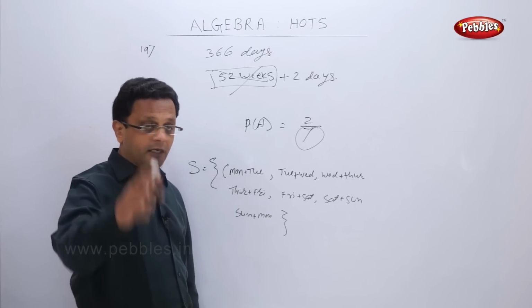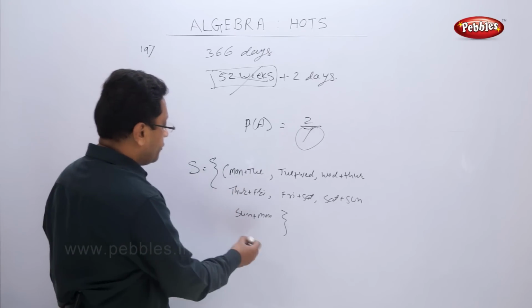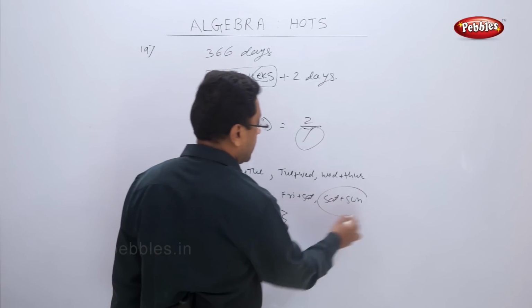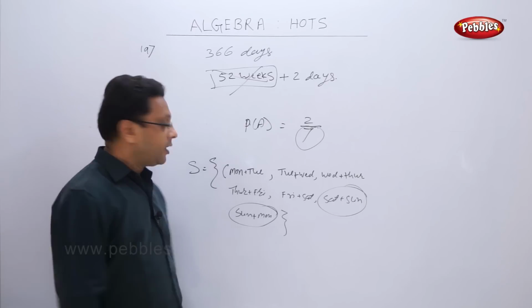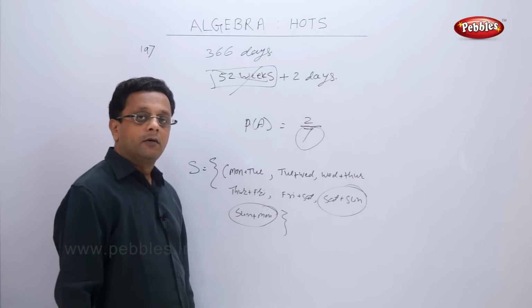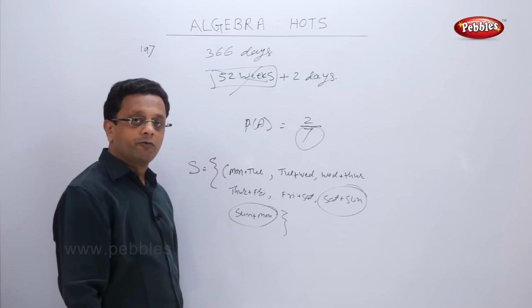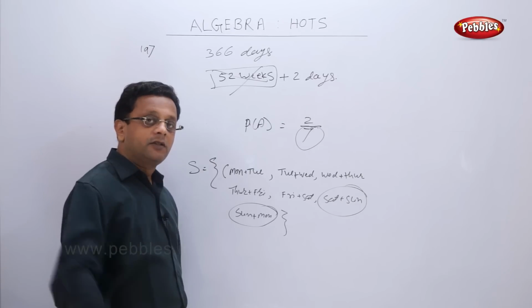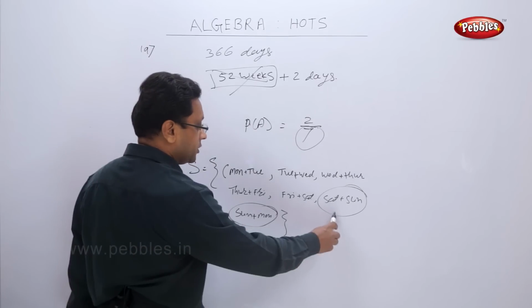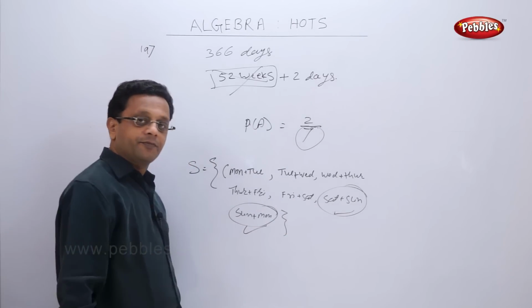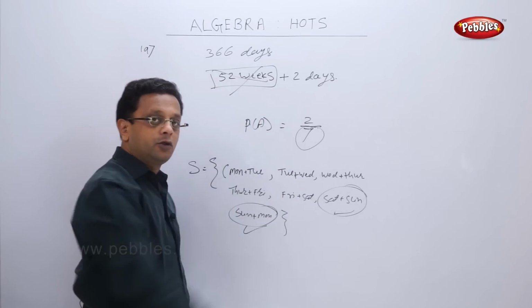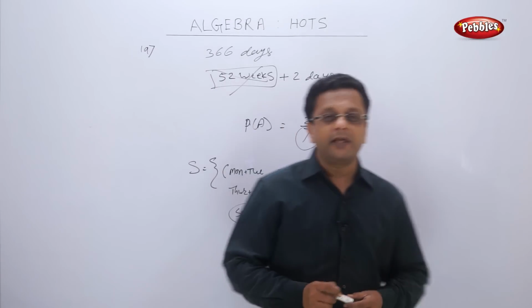Okay, because 2 days are there. So from this we have only Sunday, Monday and Saturday, Sunday. So our NA is 2 and NS is 7. So the sample space for the event A is this and this, and so your probability is 2 upon 7. The sum was very easy.